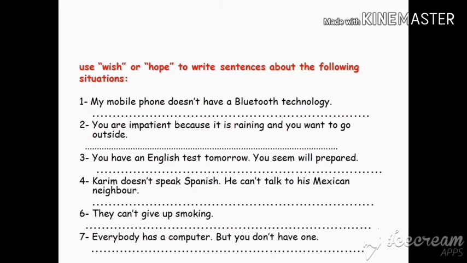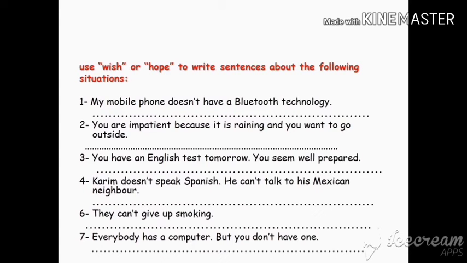So here you have different situations, and you are supposed to respond to these situations using wish or hope, right? So let's read the situations. Number one, my mobile phone doesn't have a Bluetooth technology.